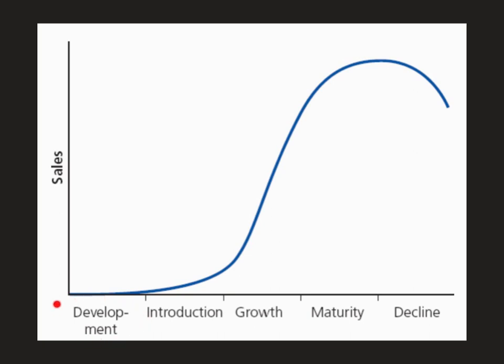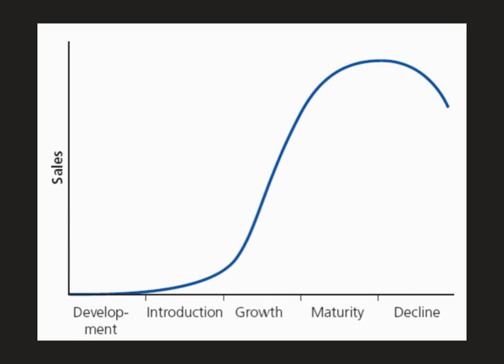So the first stage is the development stage of the product. You're coming up with your ideas. You are inventing possibly a new product or a new recipe for a food item, designing new clothes, whatever it might be. But pretty much here you've got no sales, because obviously the whole point is you're developing this new idea. So that's why you can see here sales are effectively zero.